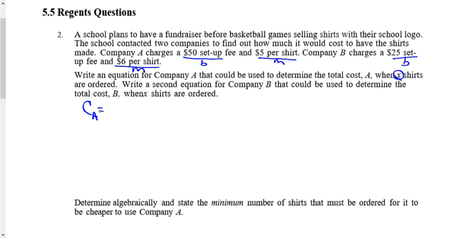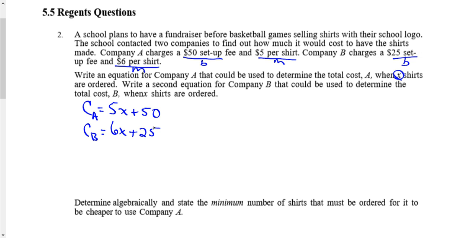So for company A, this looks like MX plus B. What would be our equation? 5X plus 50. So company B would have a cost equation of what? 6X plus 25.